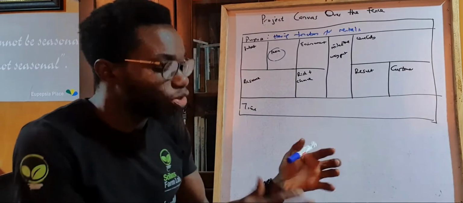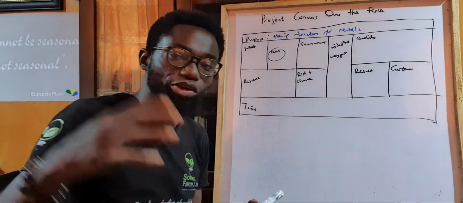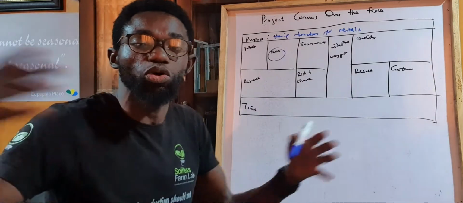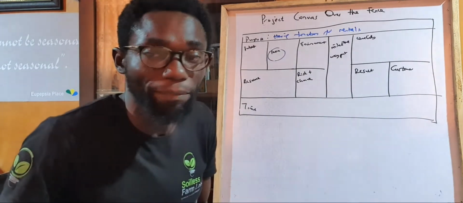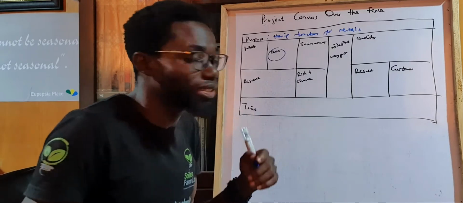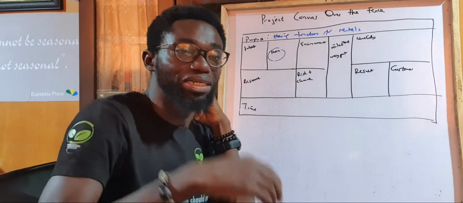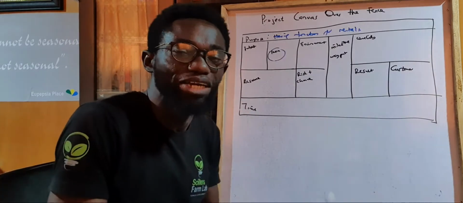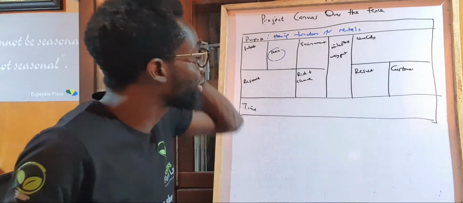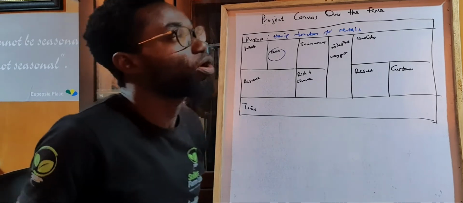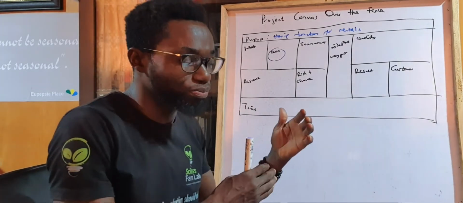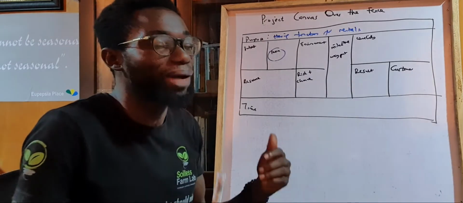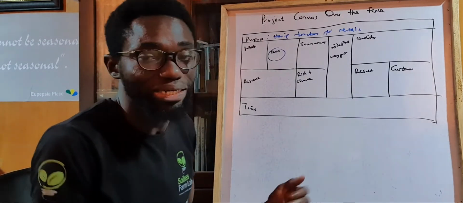So who are your core team members? Who are your extended team members? Then who are those that you need to consult? Who are the expert team members? Your expert team members may not necessarily be your core team. They may not even be your extended team, but you need their input at one point or the other. For example, maybe I am buying all my tractors from a particular company, say John Deere tractors.